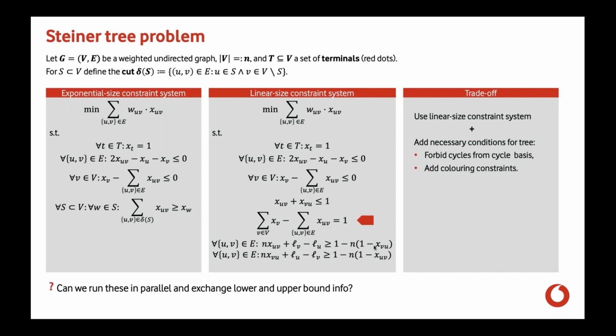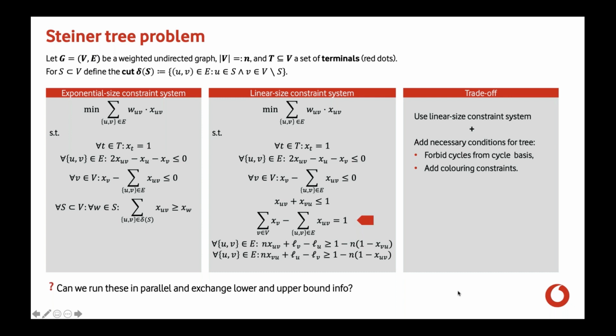I've also put a question on the slide to ponder, perhaps if somebody from the Gurobi team is here, or if somebody is thinking about actually writing ILP solvers: whether it's not possible to run several such formulations in parallel and make sure that the solvers exchange information about upper and lower bounds and perhaps incumbents while they are running, and thus have something that is the best of all worlds.